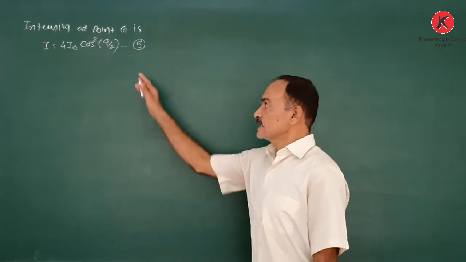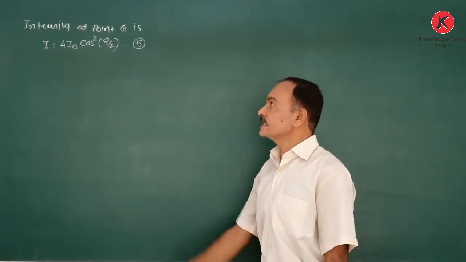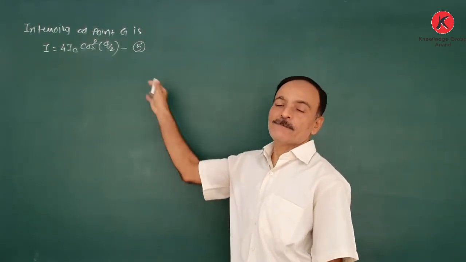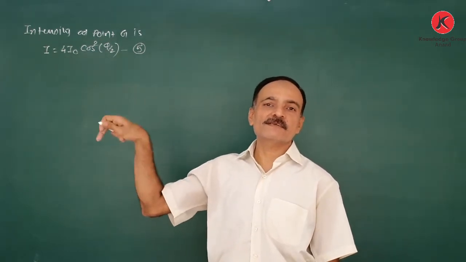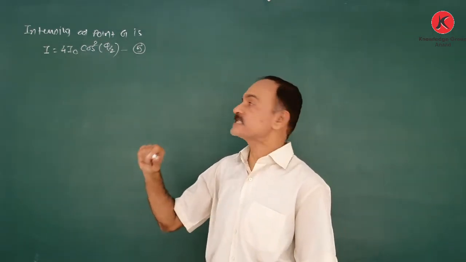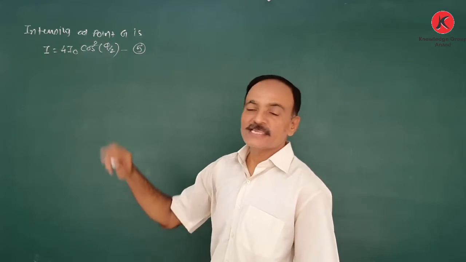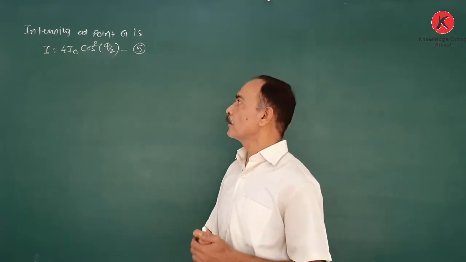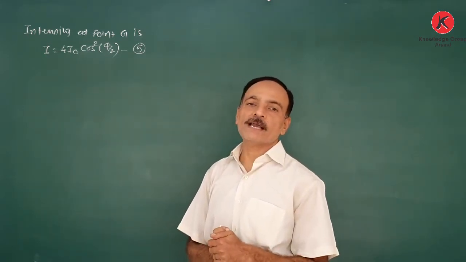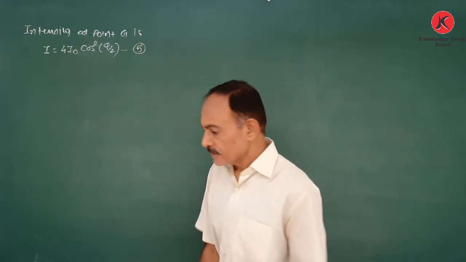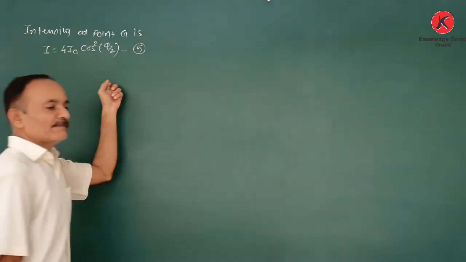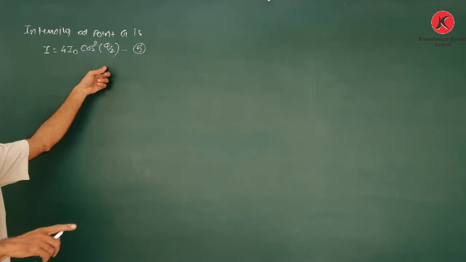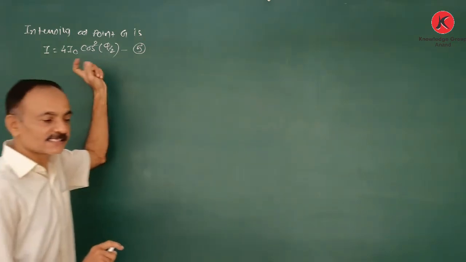Okay, now we derive this equation. The intensity at point G: at that point, the phase difference between the two sources or the two displacements is phi. So the intensity at that point is I equal to 4I0 cos square phi by 2. If this intensity is maximum, that means constructive interference takes place at this point.